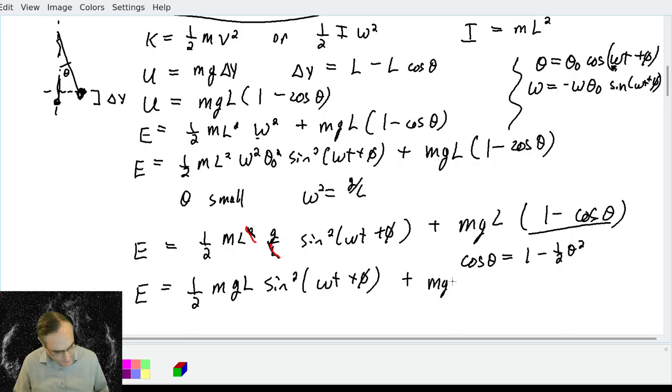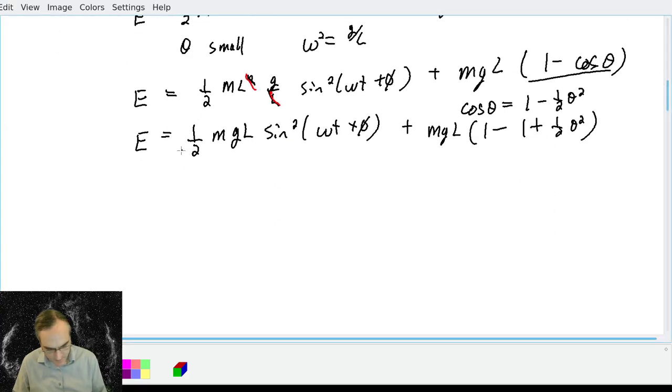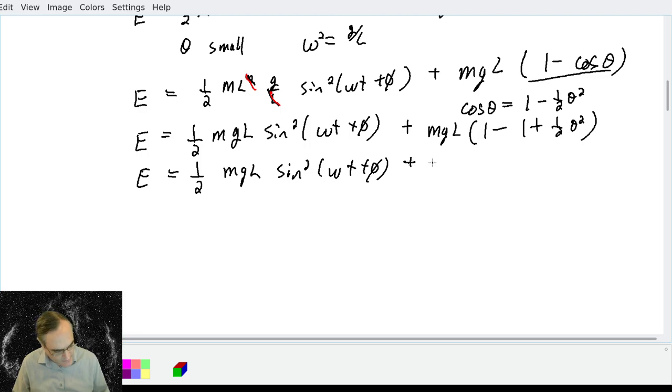Let's see, mgl, if we have a 1 minus, last step for the moment, mgl sine squared omega t plus phase, plus we have an mgl.